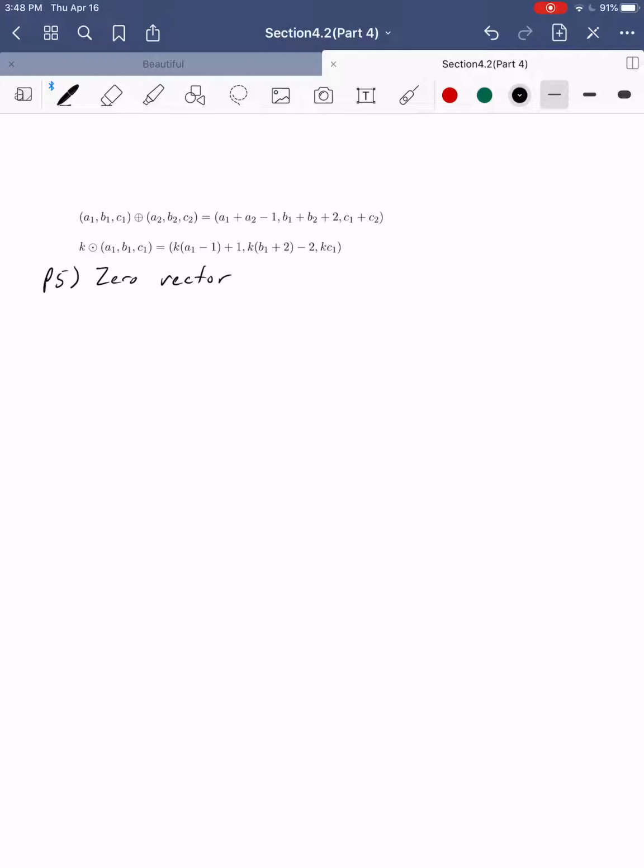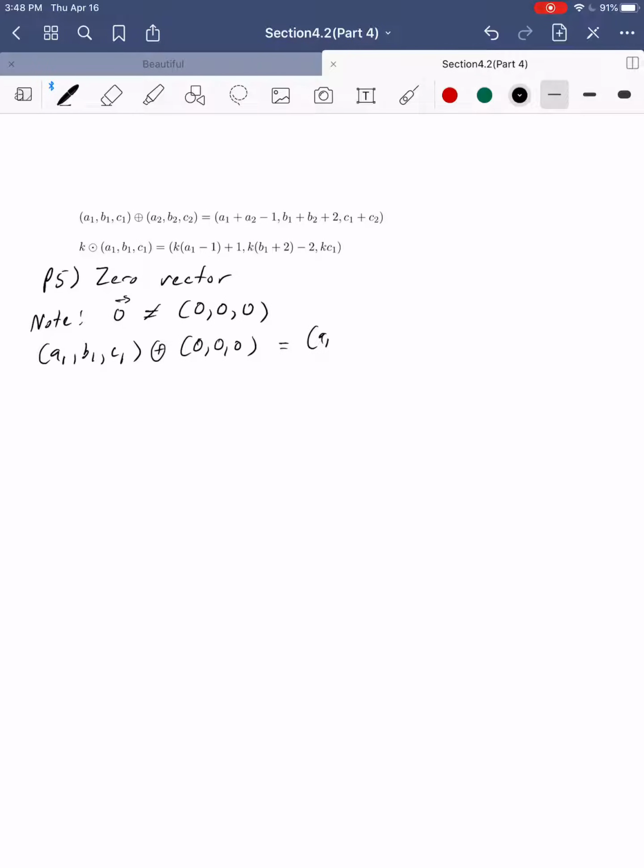Well, just before we get into this, let's make a quick note. The zero vector is not this guy. How do I know that? Well, just try. If you do A1, B1, C1 plus 0, 0, 0, what actually happens?